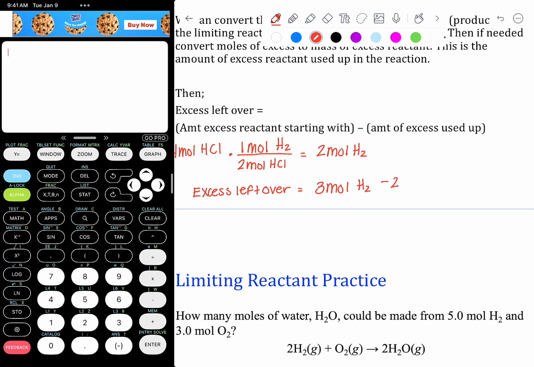We subtract off the 2 moles of H2 that we used up, meaning I only have 1 mole of H2 left in my reaction vessel. That is how much is left over, unreacted.